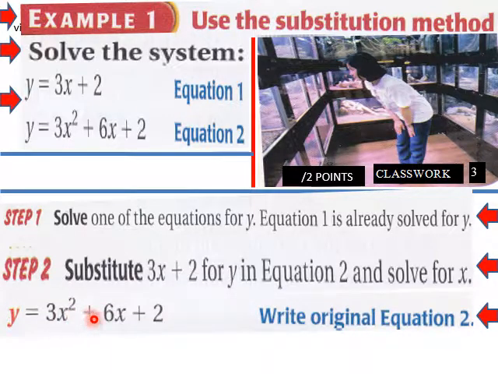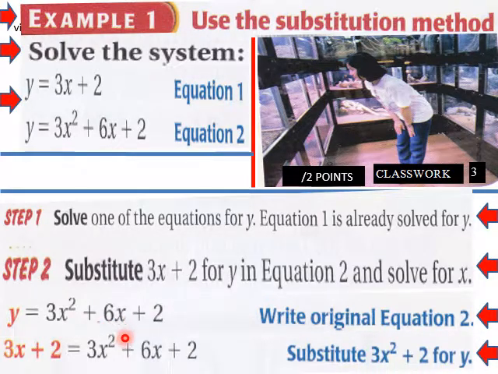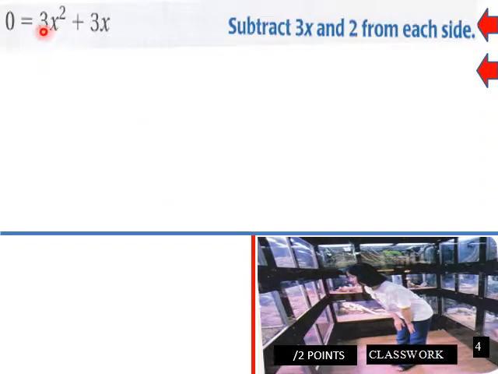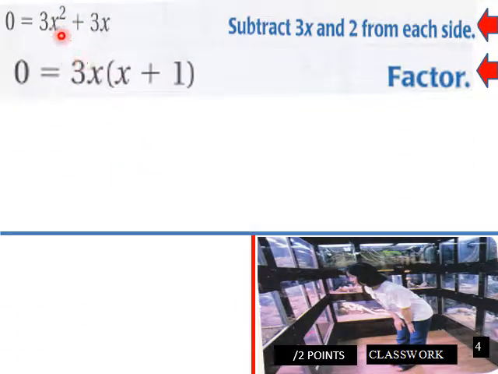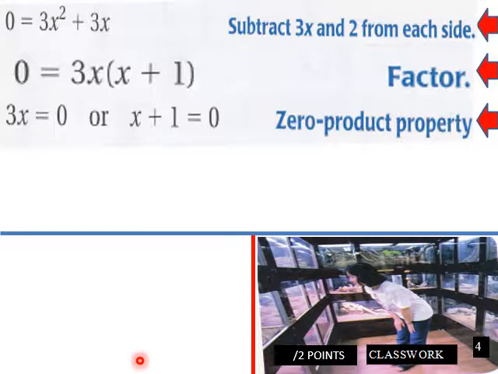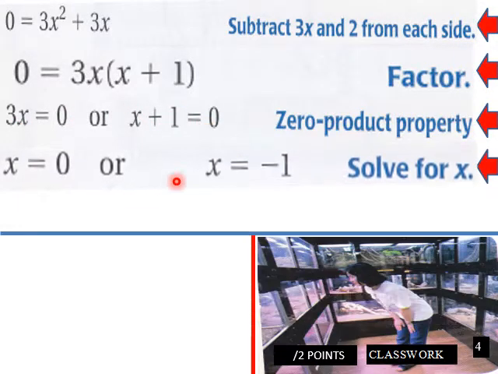So y equals 3x squared plus 6x plus 2. Then we just stick this in for y and then solve for x. Then we come up with this, 0 equals 3x squared plus 3x. Then we factor out 3x, we get that. So x equals 0, or x plus 1 equals 0.